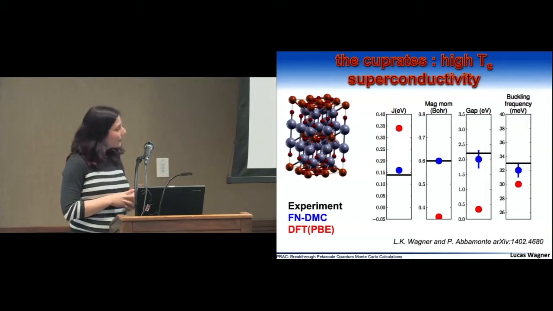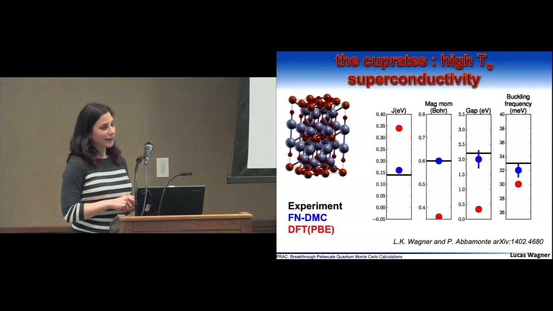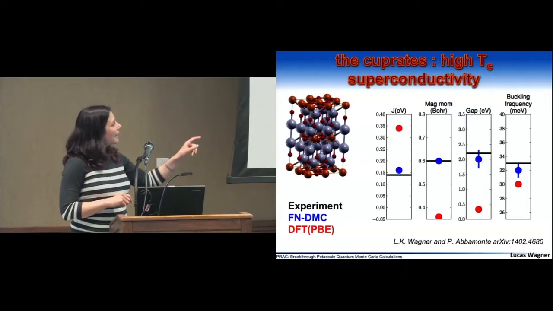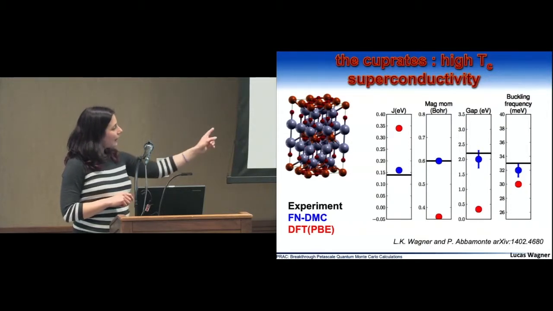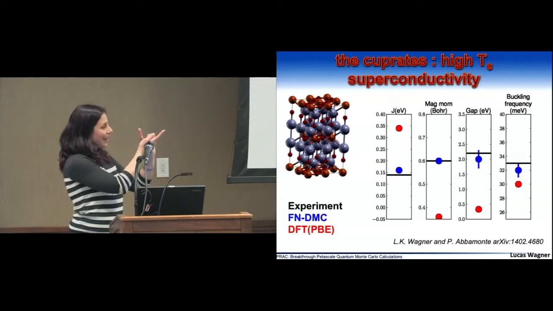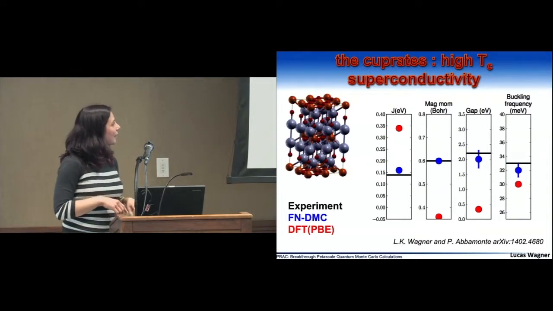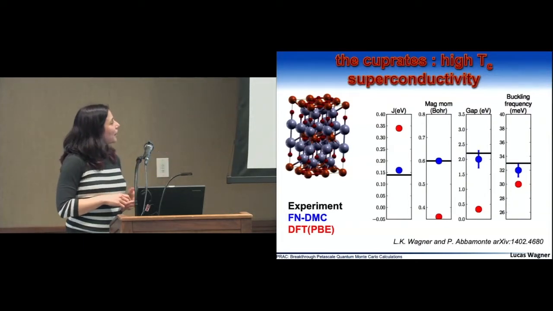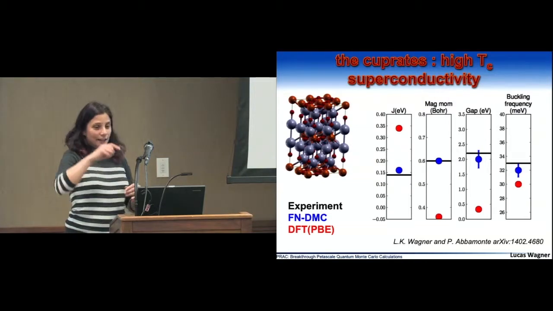So what we've been able to do using quantum Monte Carlo methods on Blue Waters is take some of our cuprate materials, our high-temperature superconductors, and calculate their properties. The diagrams that I'm showing here are calculated values of J, which is the energy cost of flipping the magnetic spins on the electrons, the total magnetic moment on the copper atoms, the band gap of the material itself, and the last thing, the buckling frequency.